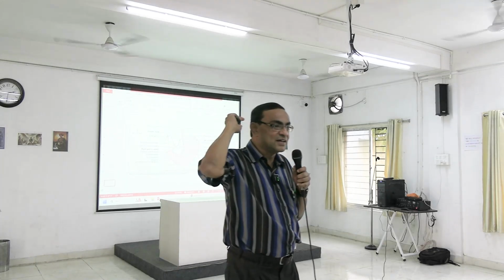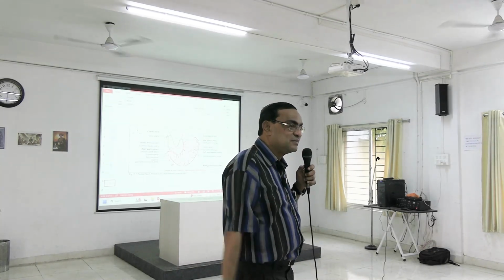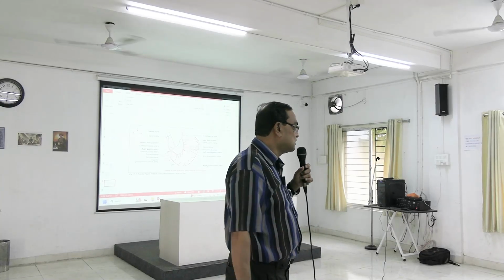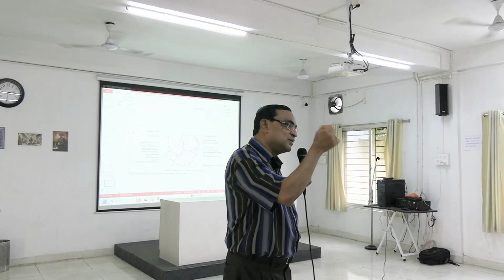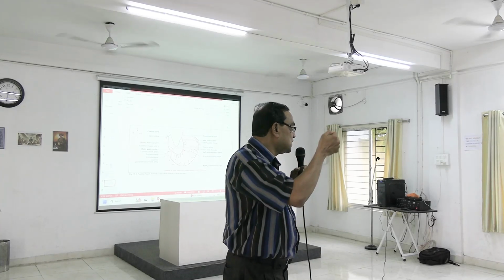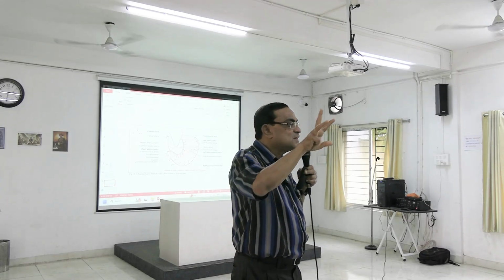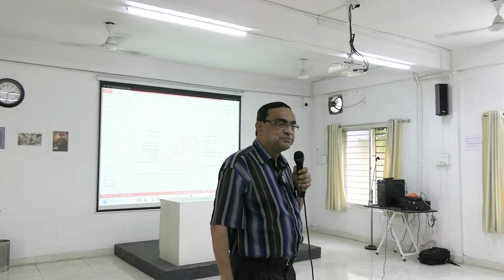We can call it the celiac trunk or celiac axis. After its origin, the length is only 1.25 centimeters, that means half an inch. And then it breaks into three major branches.